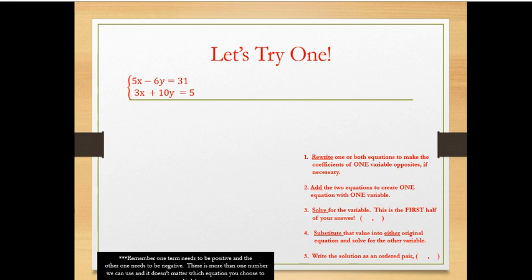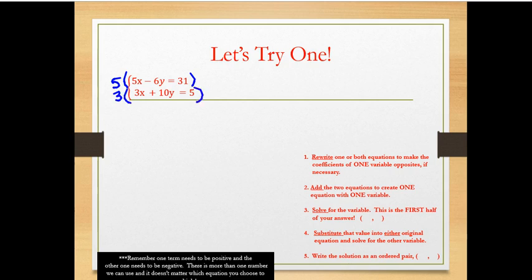Negative 6 and 10: if we multiply 6 by 5, we'll get 30. And if we multiply 10 by 3, we'll get 30. And so that way we can cancel it out. So we'll multiply the top equation by 5 and the bottom equation by 3.